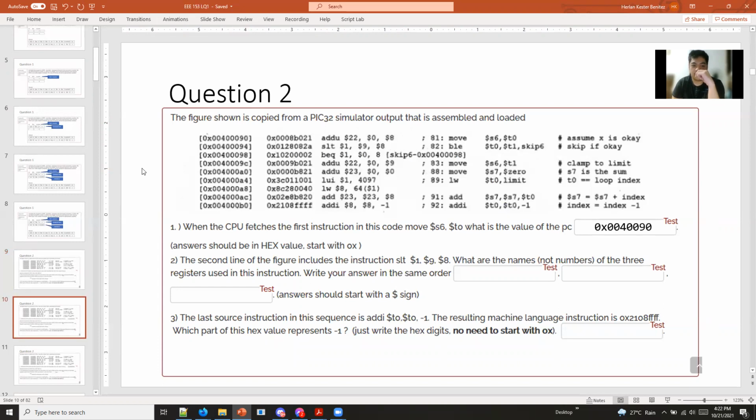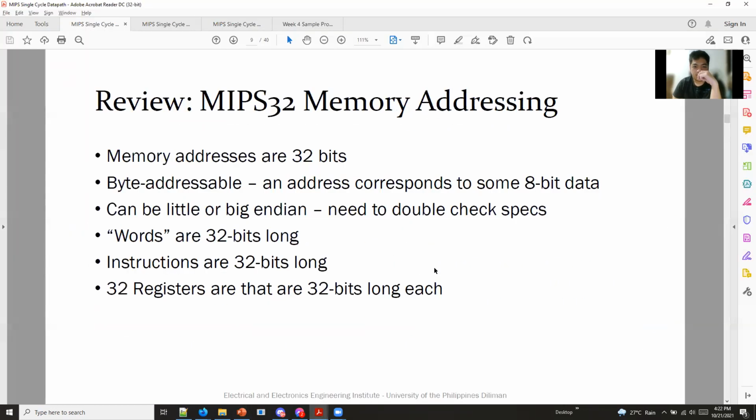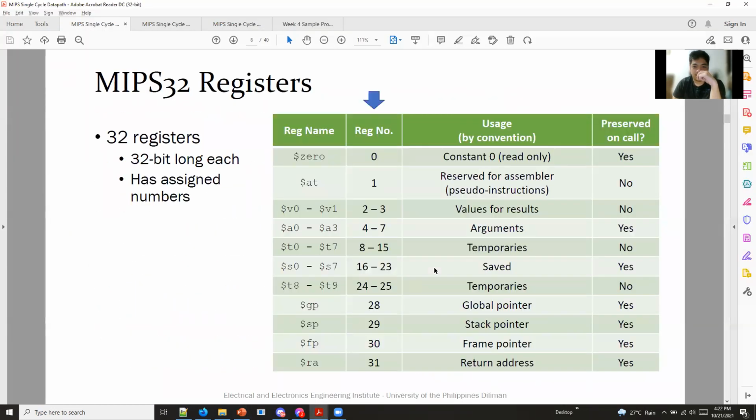Take note na lang sa number of 0. And then the second question, the second line of the figure includes the instruction SLT, or set if less than $1, $9, $8. So what are the names of the 3 registers used in this instruction in the same order? So pwede nating i-check yung ating reference. Open notes naman yung exam.